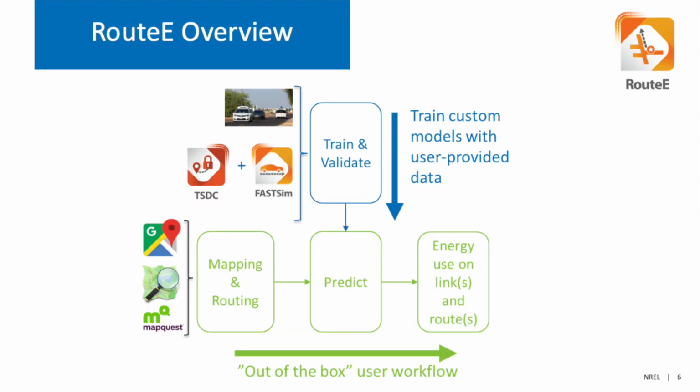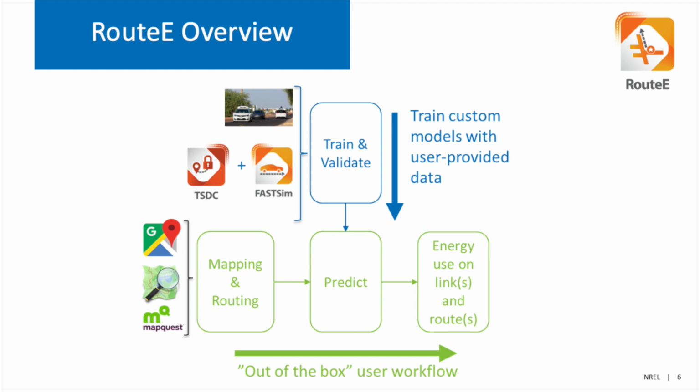So how do we actually calculate the energy? And this is the most I'll get into as far as methodology goes here. I'll keep it at a very high level. RouteE is a Python-based model that we use to estimate energy, and we train these models by incorporating various drive cycle data and powertrain modeling data.